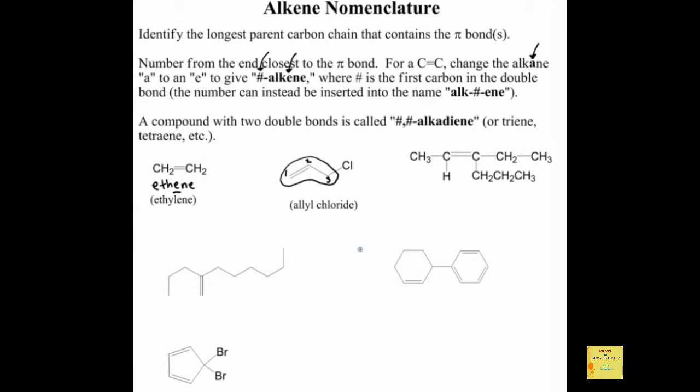And so 3 carbons means it's a propane derivative, but because of the double bond, we call it propene. So this is 1-propene. We're going to indicate the first carbon of the carbon-carbon double bond. So this implies that there's a double bond starting at 1 and going to 2. And what else do we have on here? We have a chloro group at carbon 3. So this is 3-chloro-1-propene.